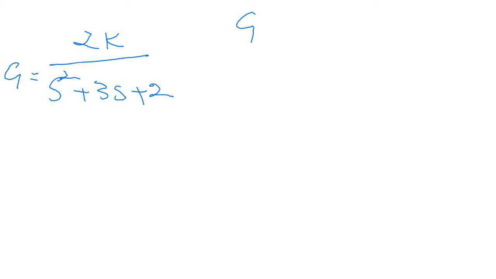So it's 2k over s squared plus 3s plus 2, and that's equal to g. So when we now say g, the closed loop transfer function is equal to g over 1 plus g.